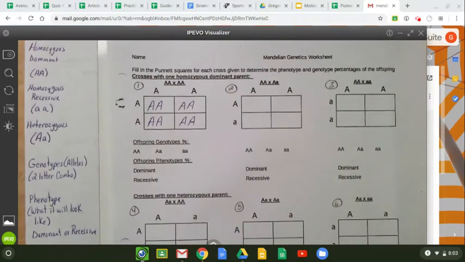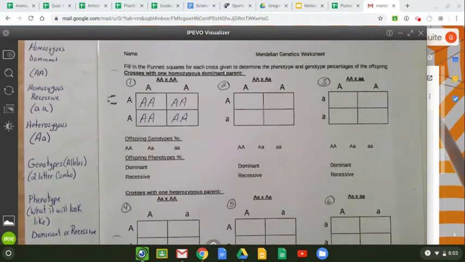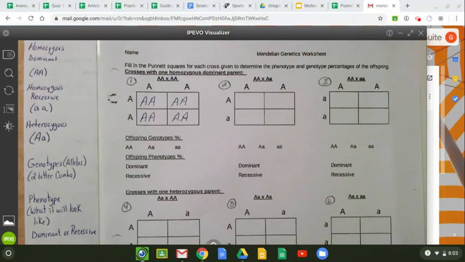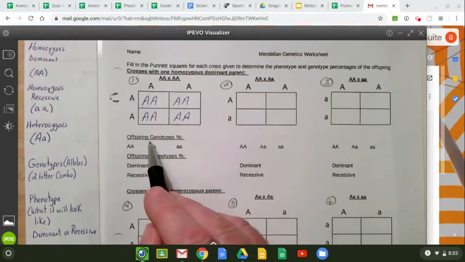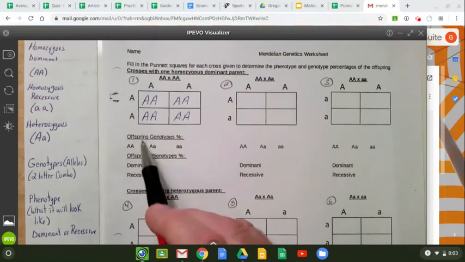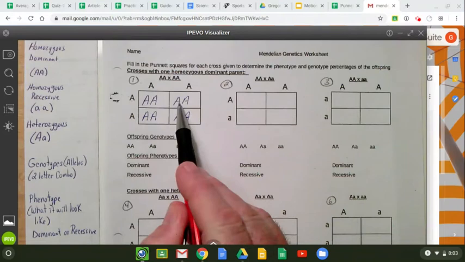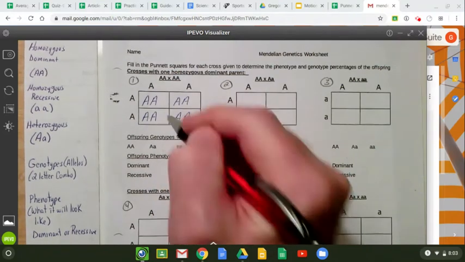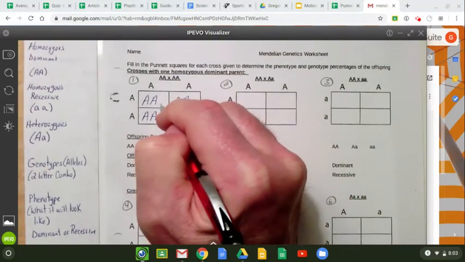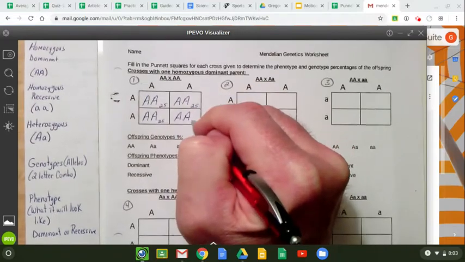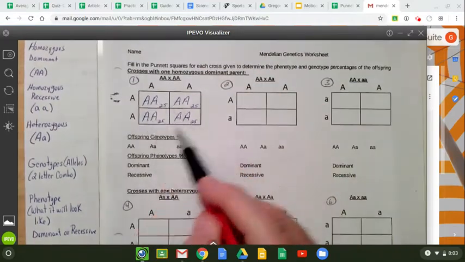All right, so here when we cross 2 homozygous dominant parents, their offspring are also going to be homozygous dominant. So if we look here at the offspring genotype percentages, now remember there are 4 squares. Each square counts for 25%, making up 100.